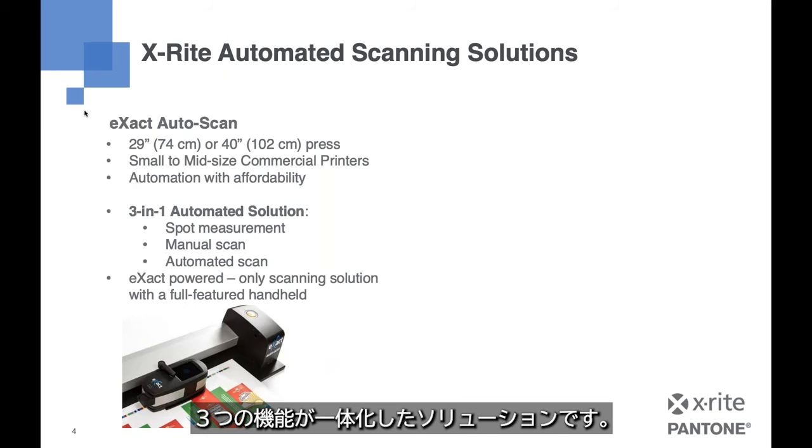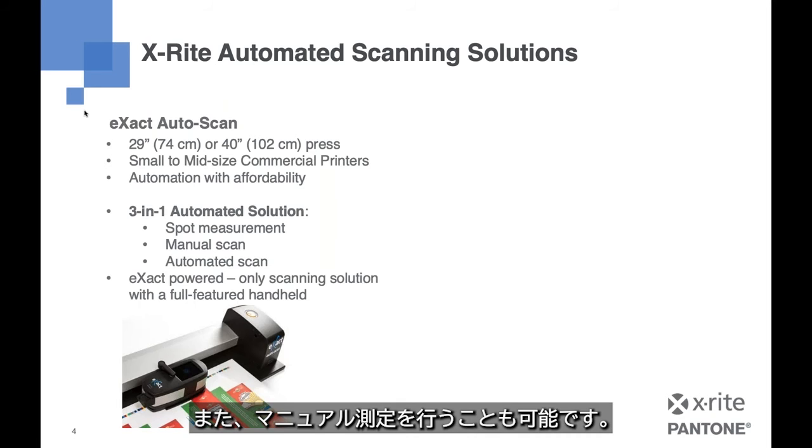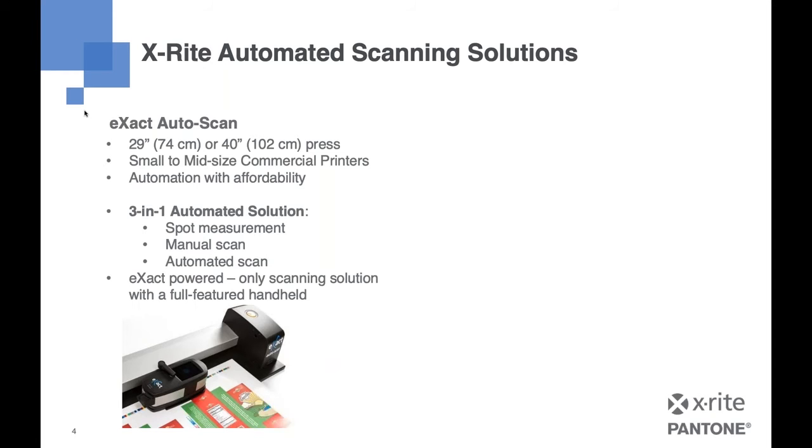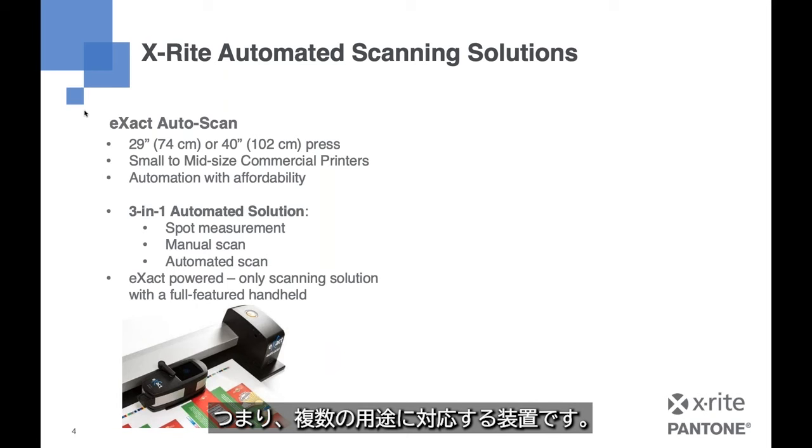With this, you get a 3-in-1 solution, which mainly means you have the full Exact handheld instrument where you can do spot measurements, but you can also do manual scanning measurements. And if you mount it on the AutoScan track, then you can do automated scanning with the same instrument. So you have an instrument which you can use for multiple use cases.